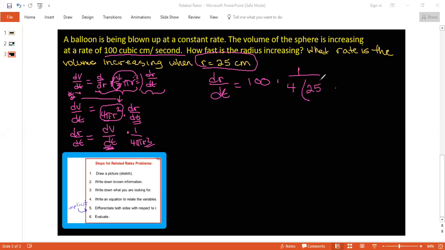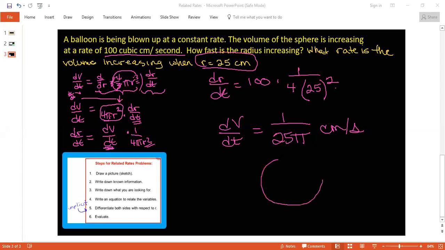So we'll have 25 squared, and that will give us the rate, 1/25 pi centimeters per second. And that's going to be the rate that it's increasing at that point.